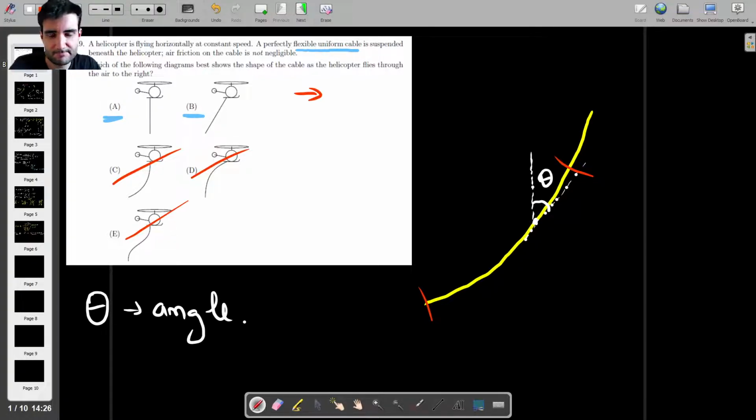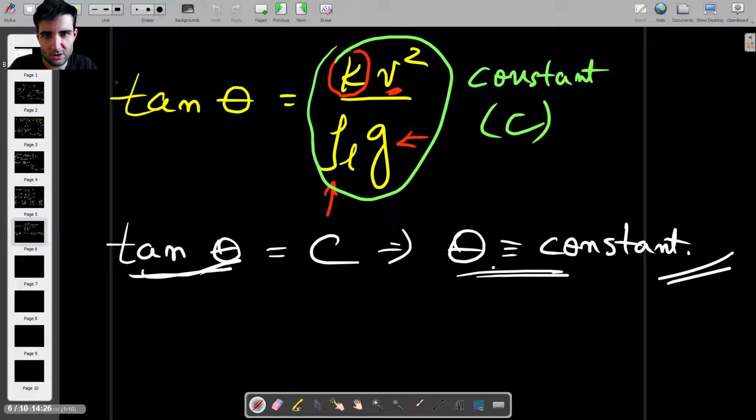I think it's quite obvious that it cannot actually be A, because for it to be A, this value here should be equal to 0, which is not the case.